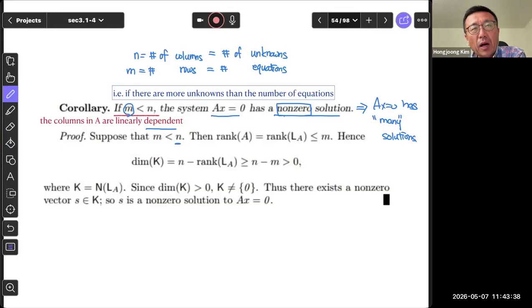Because if the number of columns is strictly greater than m, then the rank of A will be the number of linearly independent columns of the A matrix. That is the definition of the rank of A, the main property of the rank of a matrix. The rank of A is defined by the rank of L sub A, but we derived a theorem saying that the rank of A just counts the number of independent columns.